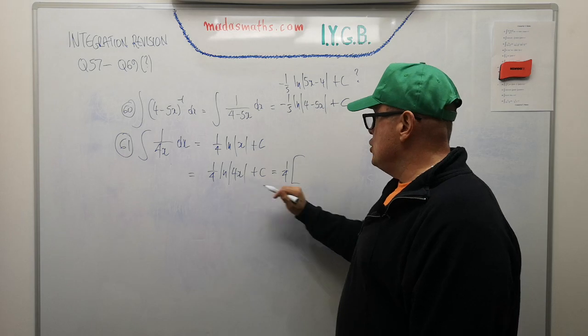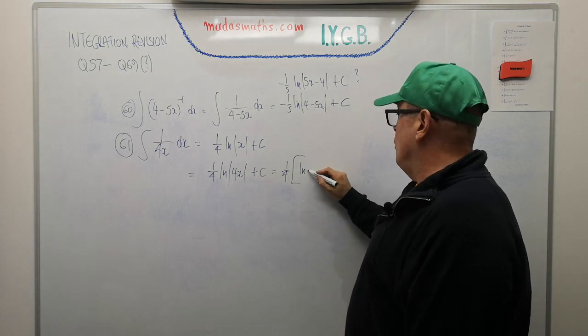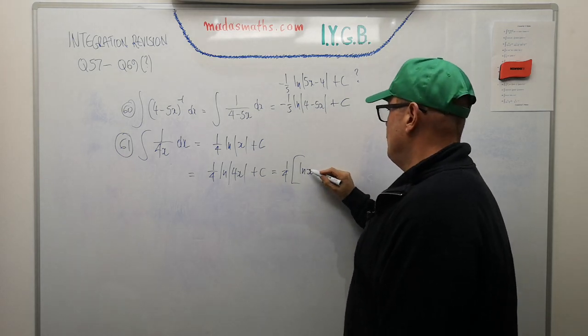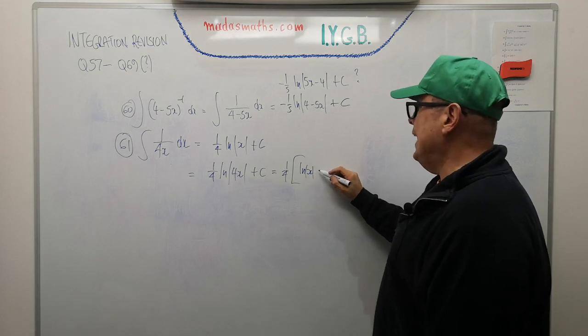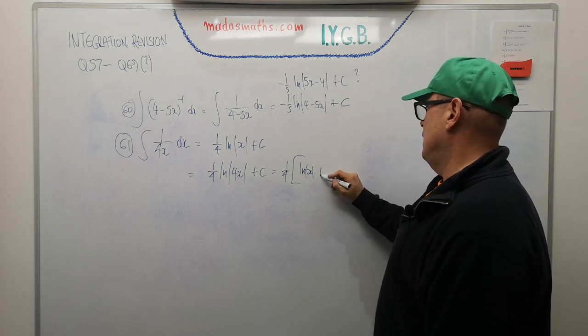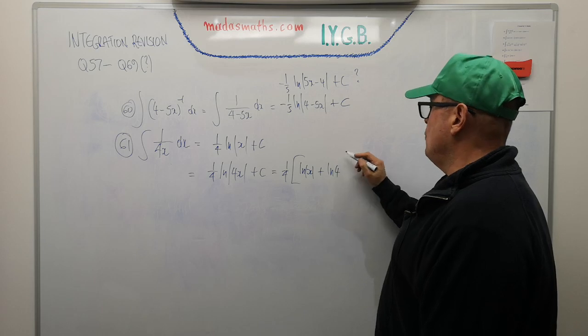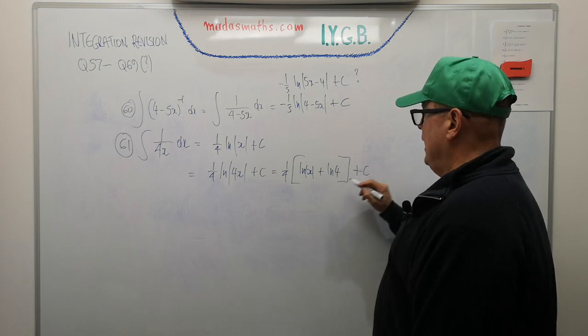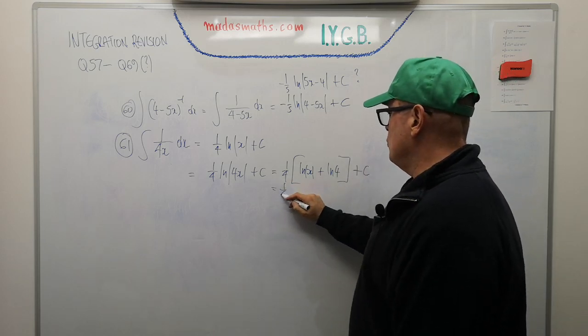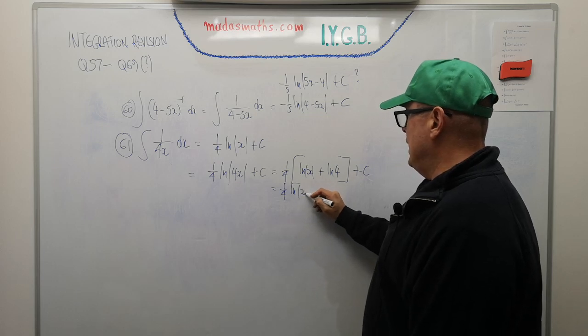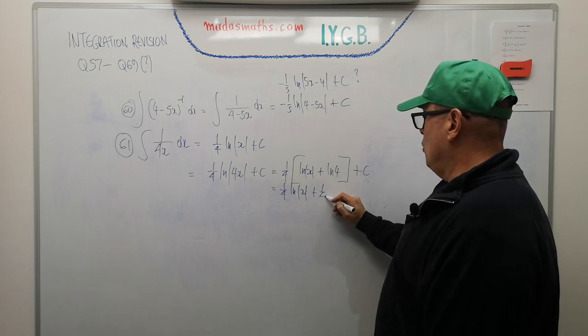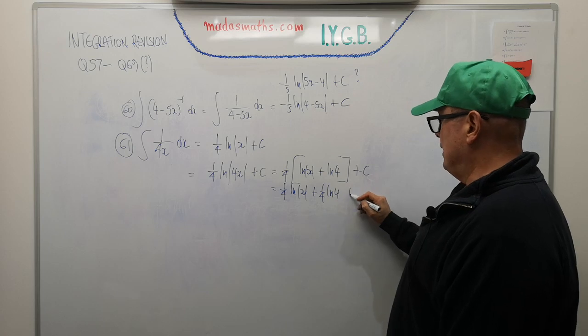So this is a multiplication, so that implies originally it was an addition. So we got log of x plus the log of 4, or you could have it the other way around, plus c. And when you multiply your bracket, you would have got a quarter log mod x plus a quarter log 4 plus your c.